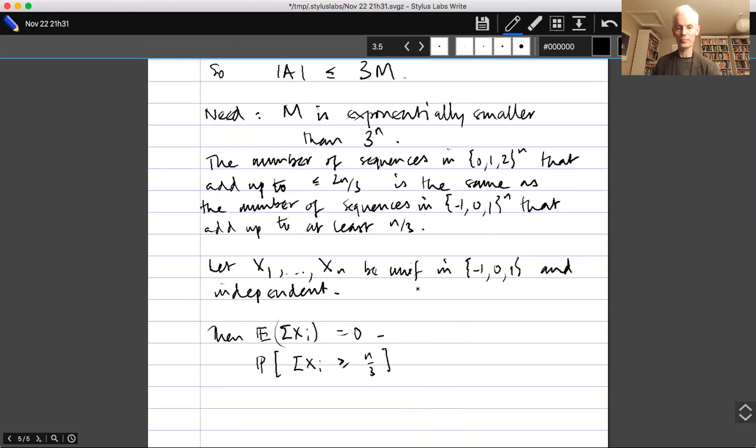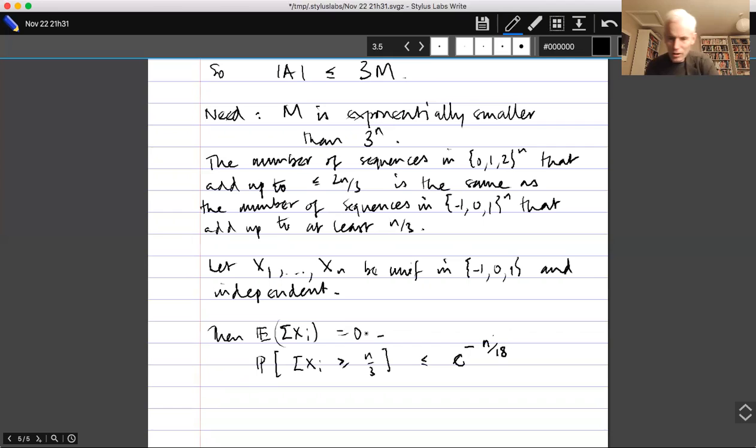So these are random variables that have modulus at most 1 all the time. They're independent and they average 0. So the probability that their sum is at least n over 3 is less than or equal to e to the minus c squared n over 2, where c is now 1 over 3, so n over 18, if I remember rightly.